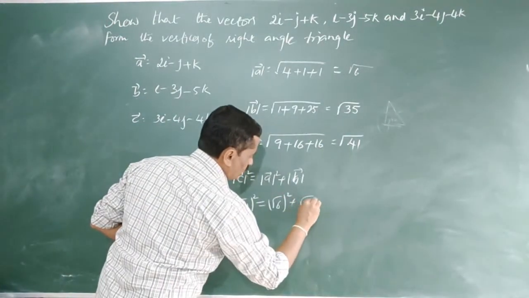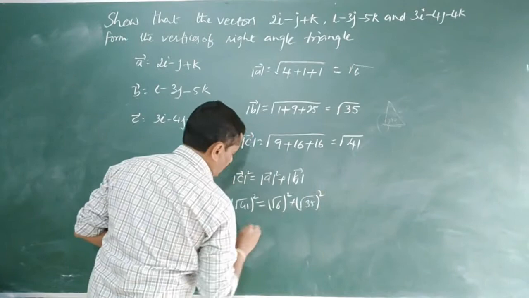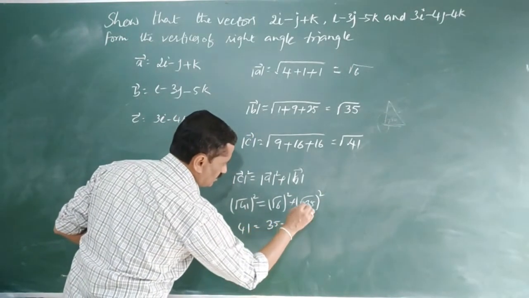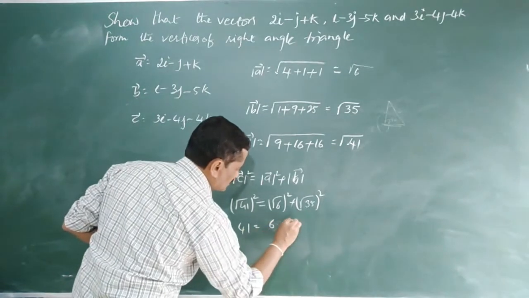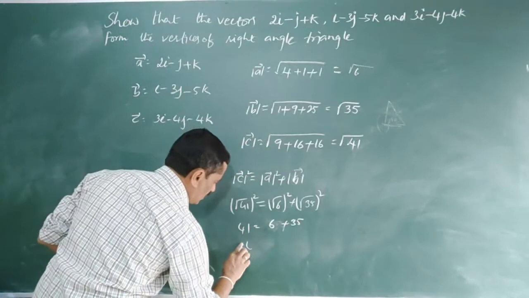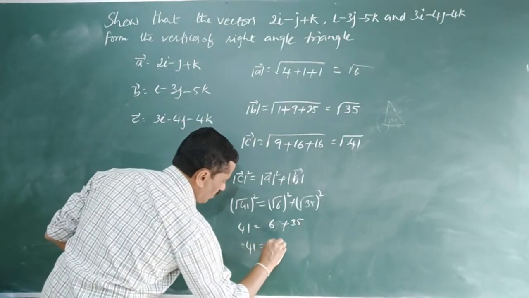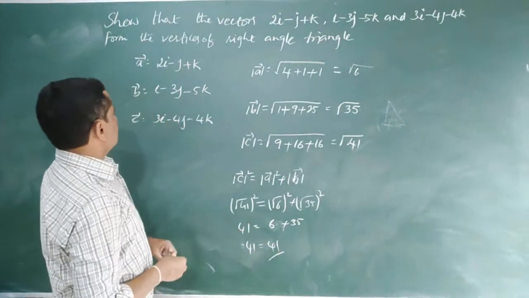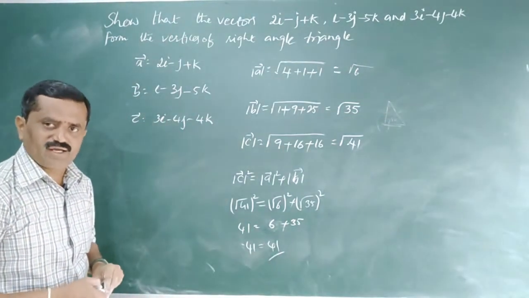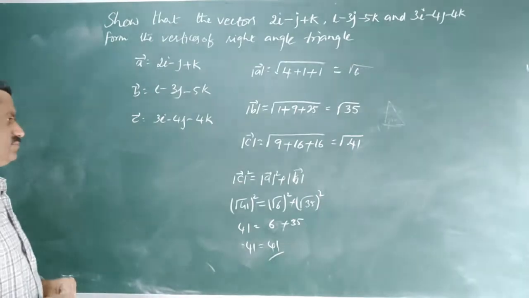That is 41 is equal to 6 plus 35, which implies 41 is equal to 41. So a bar, b bar, c bar form the vertices of a right angle triangle.